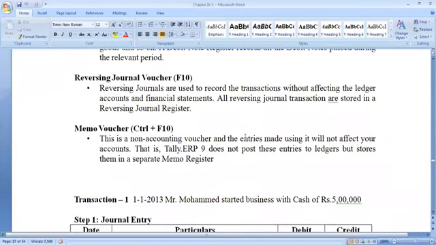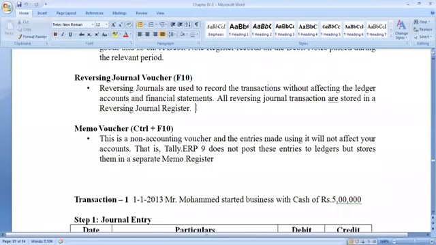Clear? Then there is one more voucher that will be recorded, that is the reversing journal voucher. Whenever the company has such information, only then does this voucher come into the picture. Until there is such a transaction, this entry is not so important. The reversing journal voucher is specifically with the F10 configuration.